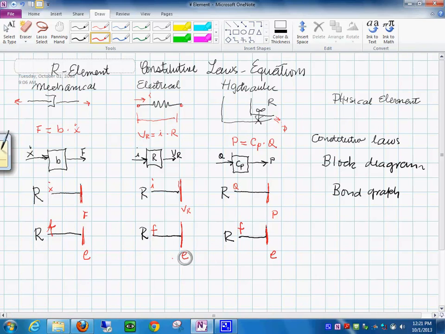For the bond graph notation, all these three look the same, but the units are very different in each one of those.